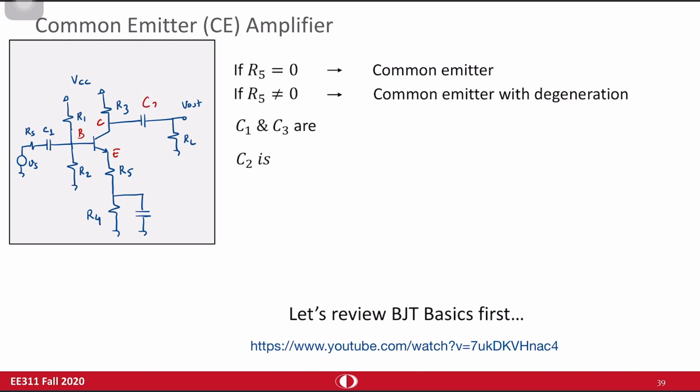Let's say this is C3, this is C2. C1 and C3 are isolation capacitors. Like in the MOSFET case, they isolate DC from AC or vice versa.